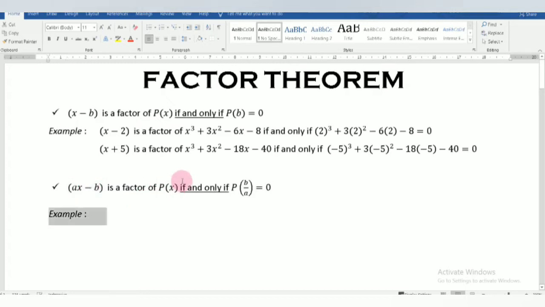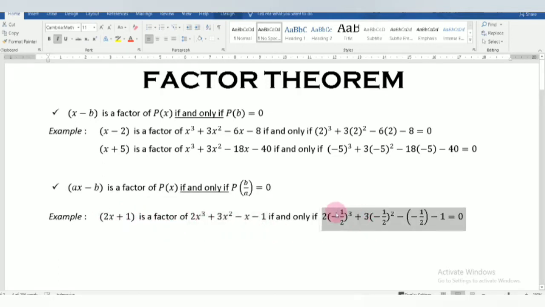So if I give you an example, 2x plus 1 is a factor of this polynomial, 2x cubed plus 3x squared minus x minus 1, if and only if the zero of this factor, which is negative half, when I put negative half to replace x in this polynomial and calculate it, will be 0.